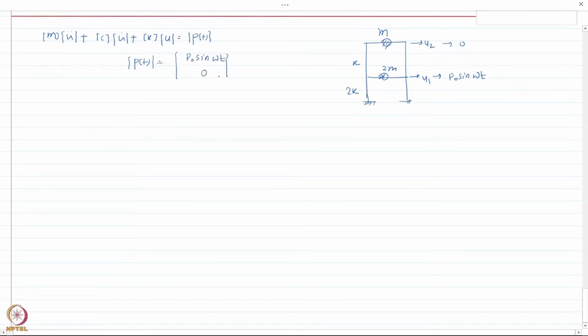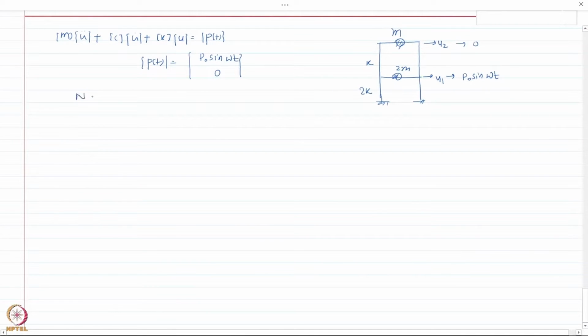Now we have to solve this multi-degree of freedom system. Remember, there would be n coupled differential equations, which are coupled through the mass matrix, damping matrix, and the stiffness matrix.